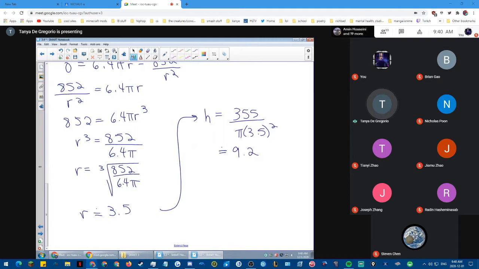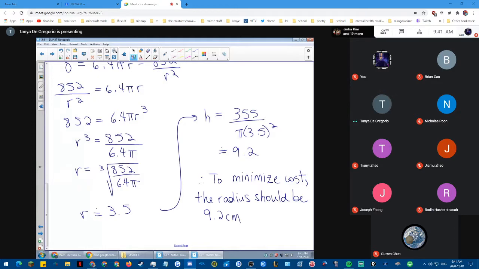And you're using the pi button in your calculator, right? You're not using 3.14. Yep, the pi button. Perfect. Okay, good. So therefore, to minimize cost, the radius should be 9.2 centimeters, and the height, oh, I apologize, you mixed it up, thank you, I just realized.